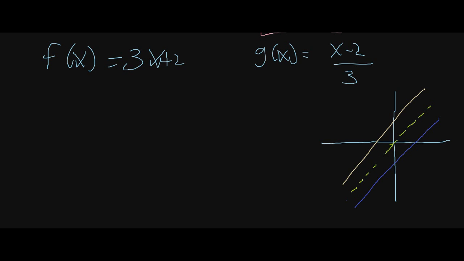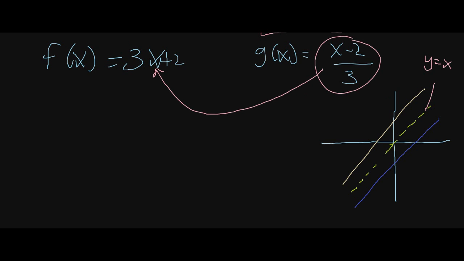All right. So basically, this here is the y equals x line. If this is my original function, 3x plus 2, and I take the inverse function and plug it into my original function, they undo each other.